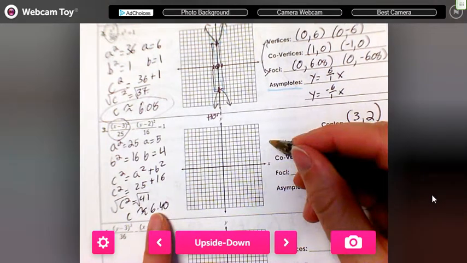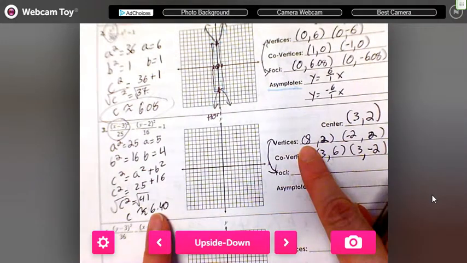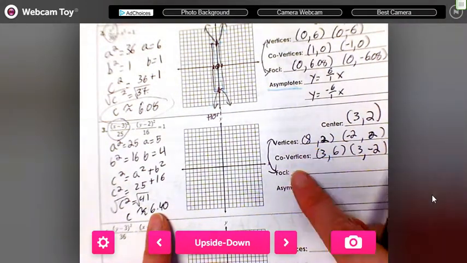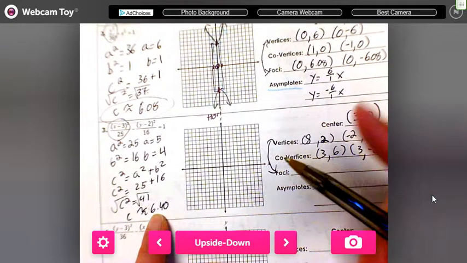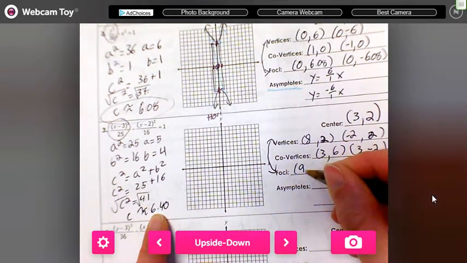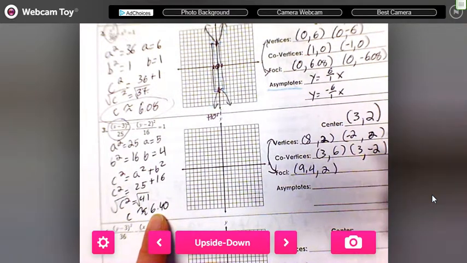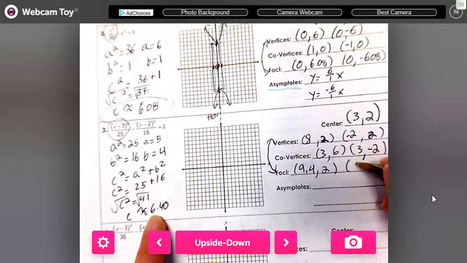Vertices and co-vertices go together. What changed for the vertices? The x value, so the focus points have to change for the x value. 6.4 plus 3 is 9.4, comma 2. Negative 6.4 plus 3 is negative 3.4, comma 2.